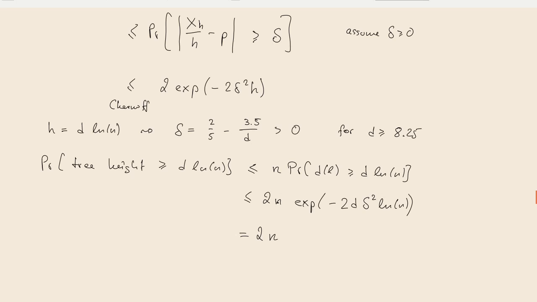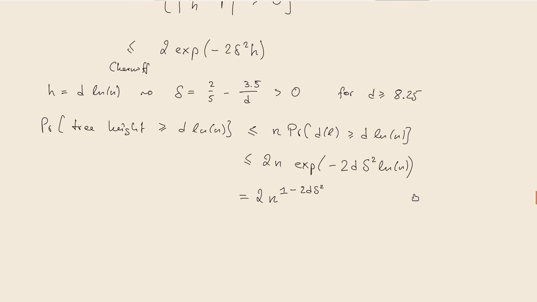And we have another n over here. So in total, this is n to the 1 minus, and then this remaining part. And this is essentially the end, but maybe we should check that this is actually yielding us what we claimed.